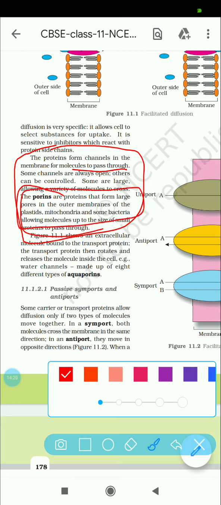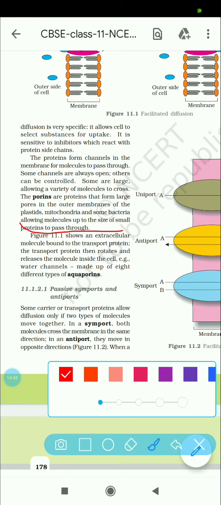They form large pores in the outer membrane of plastid, mitochondria and some bacteria, and allow substances which are smaller in size to pass through. I can also give you one more example of porins, that is the nucleoporins, which are found in the nuclear membrane.